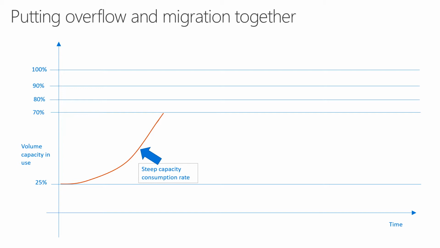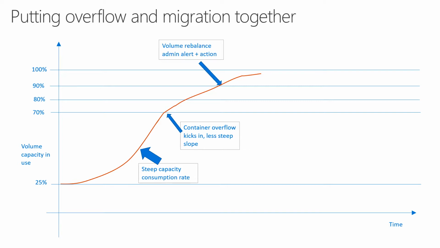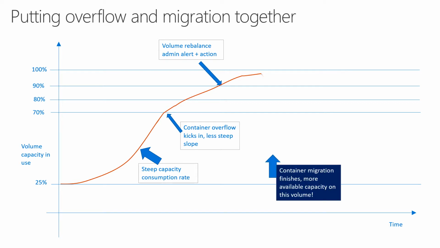Putting overflow and migration together, what you can see here is increasing used storage. Container overflow kicks in, and then you can start as an admin operation a volume rebalance. So container migration is done, and you can see we now have more available capacity on this volume. And then the consumption is again increased.